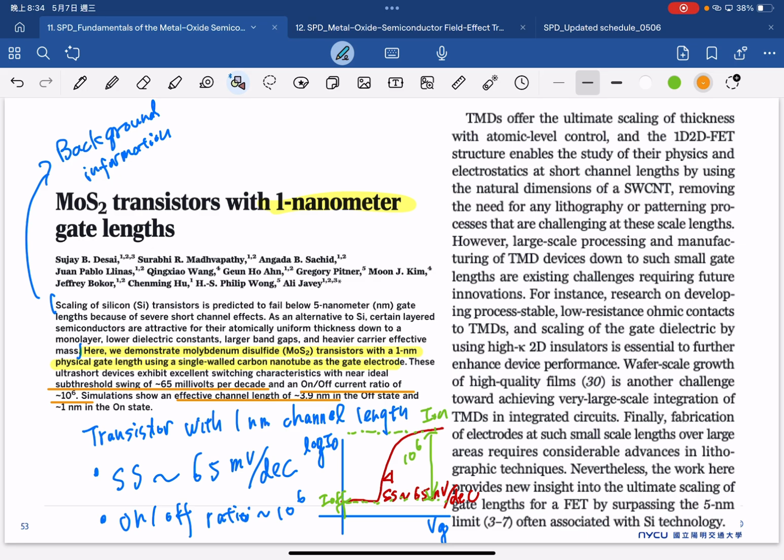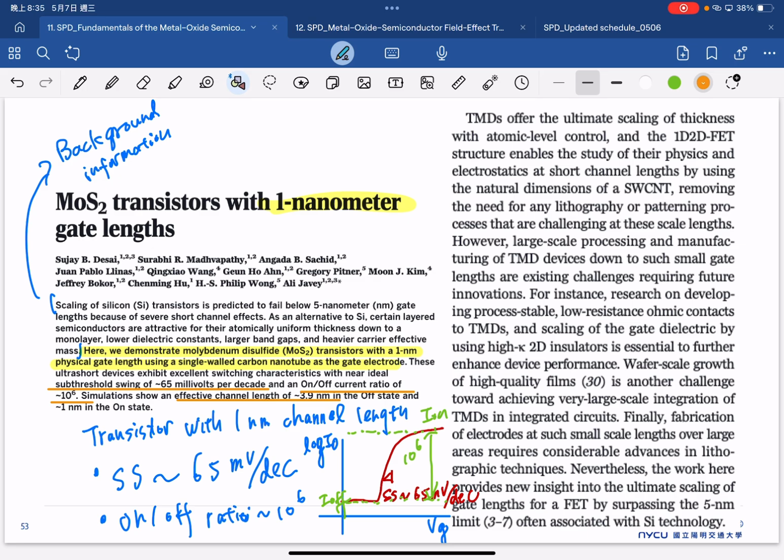So in the end, even if we don't look at the details of what these transistors look like and how the characteristics look, from the very short paragraph of just a few lines of introduction, we already knew the main information of this paper.